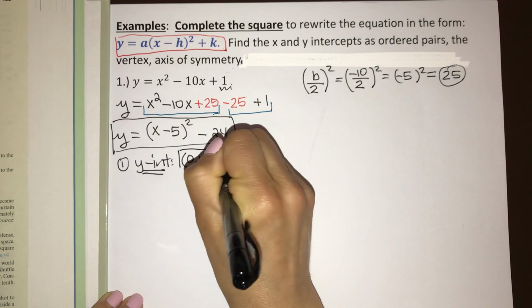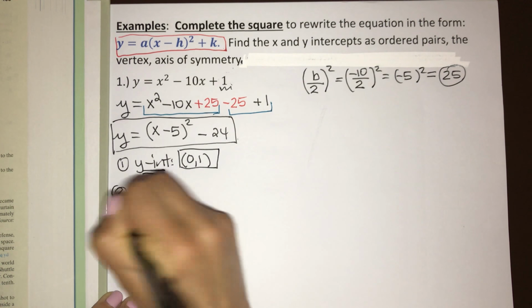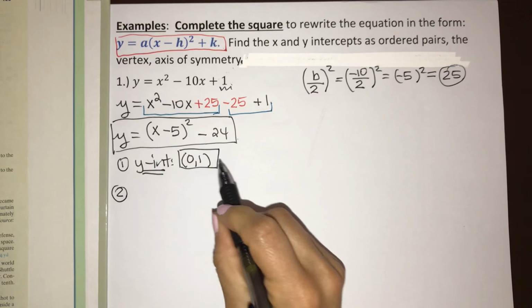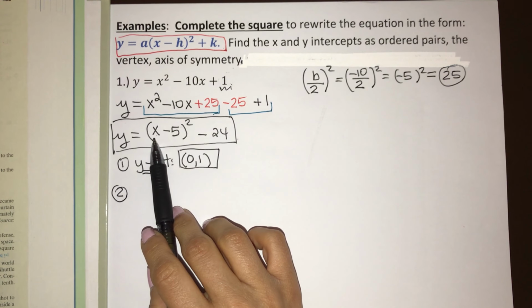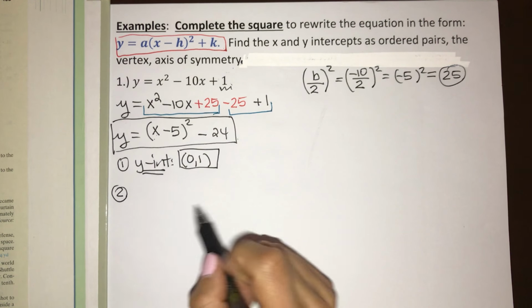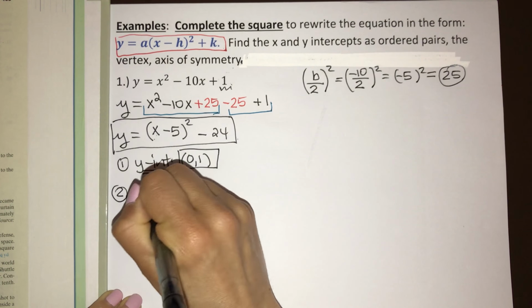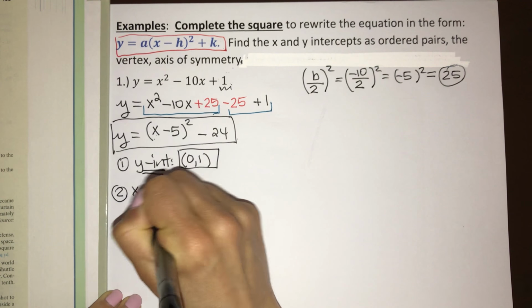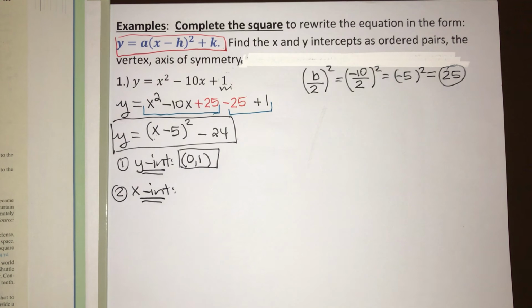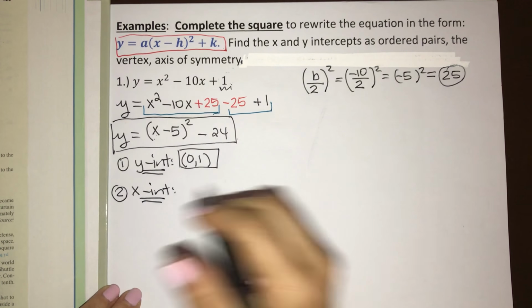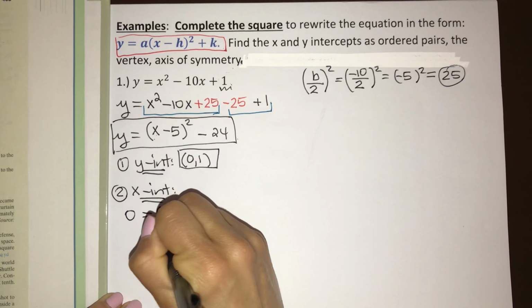So that's my y-intercept. You'll get the same answer if you plug in 0 here. Now we want the x-intercepts, and we're going to find them the same way. We're going to basically substitute 0 for y and use the square root property.